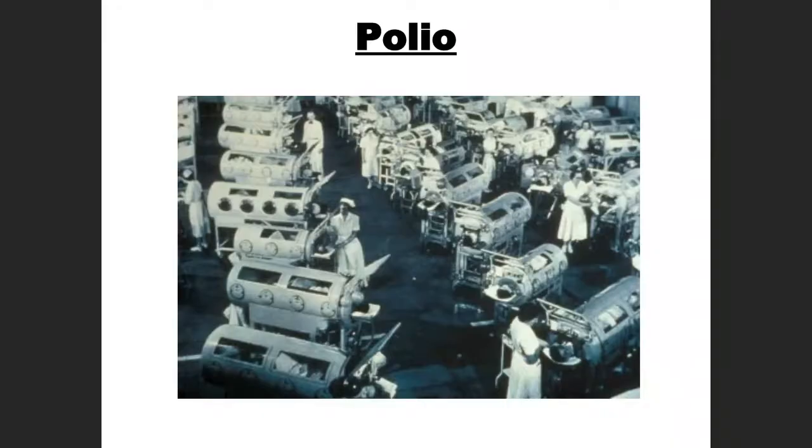And because so many people were being affected, you would go to a hospital and you would see hospital wards full of people in these contraptions called iron lungs. Okay. You can kind of think of an iron lung as the old time version of a respirator. It's basically a metal cylinder that the person would lie in.